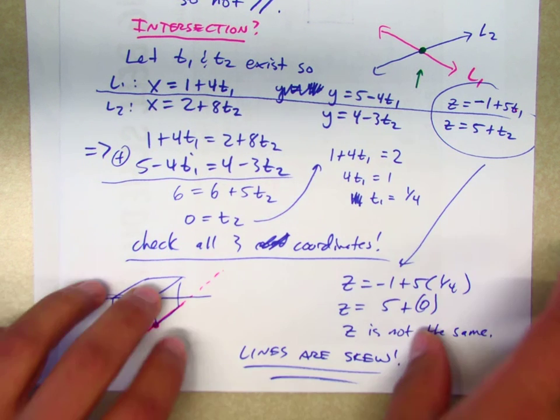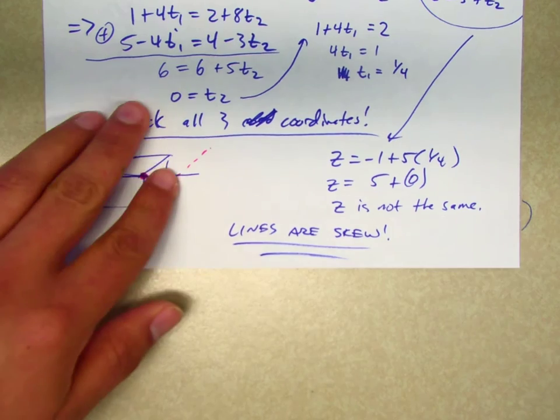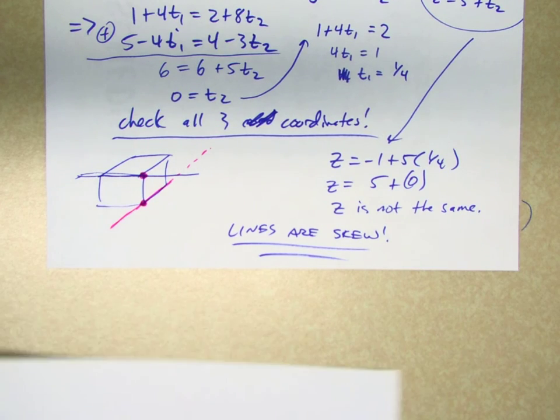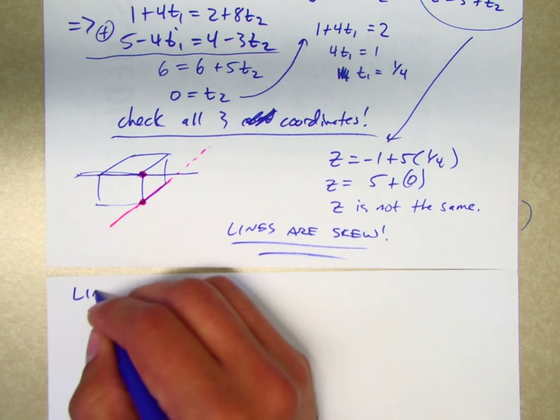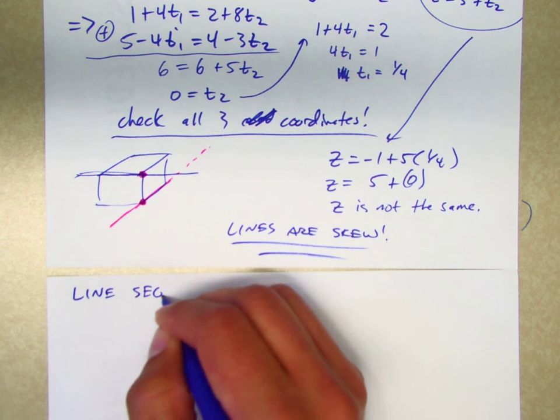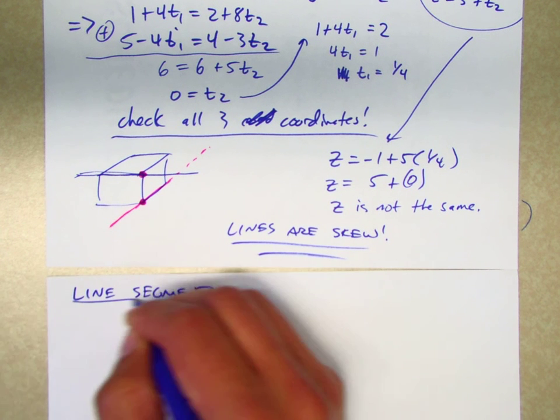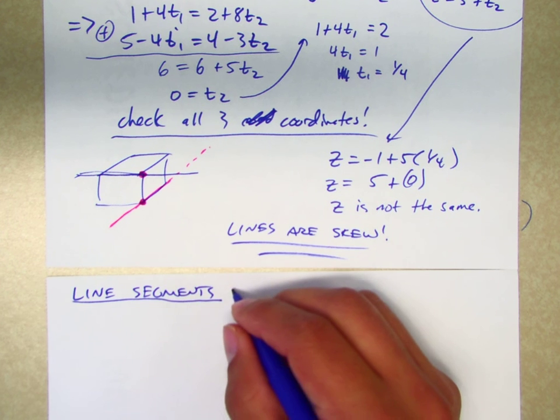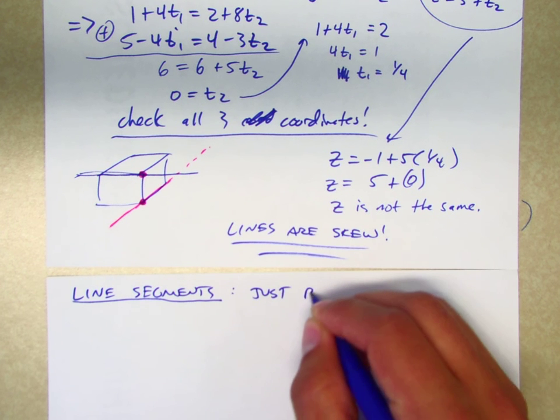Okay. Almost done. To save time, when I talk about line segments, all I'm going to say is just restrict the domain.